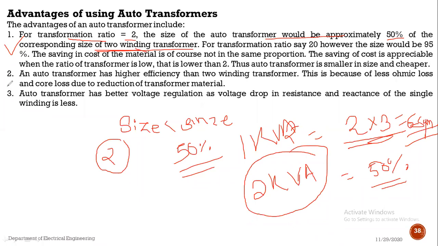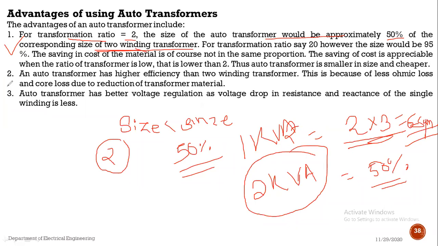Saving in the cost of the material is of course not in the same proportion. So the saving of cost is appreciable when the ratio of the transformer is low, that is lower than 2.